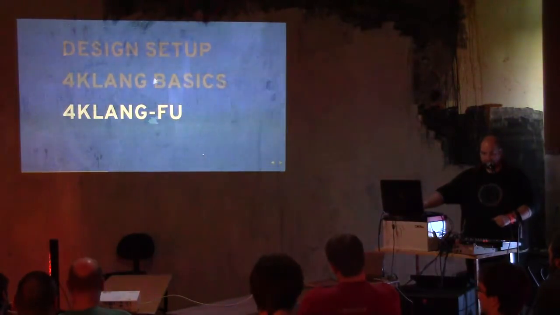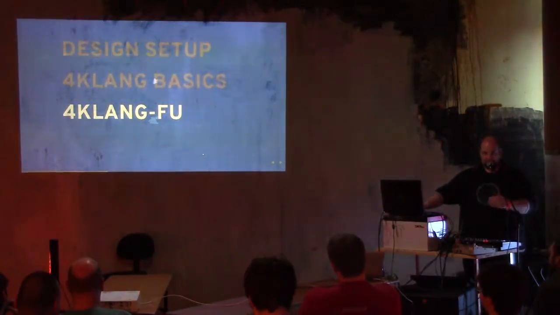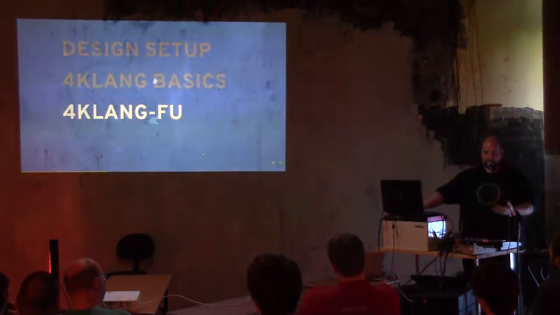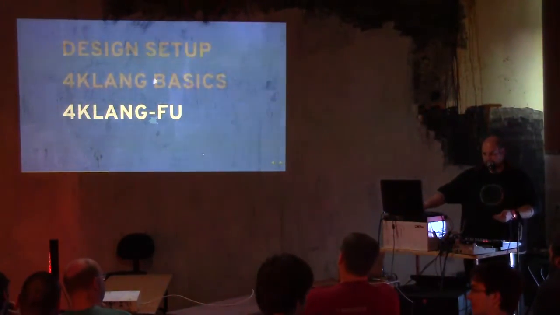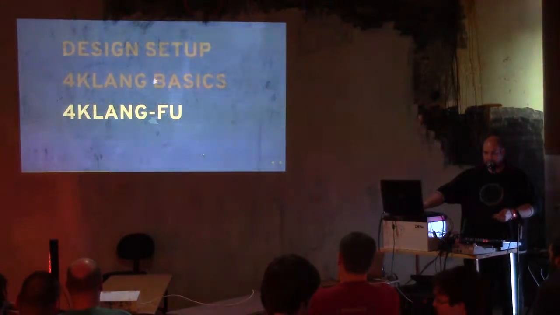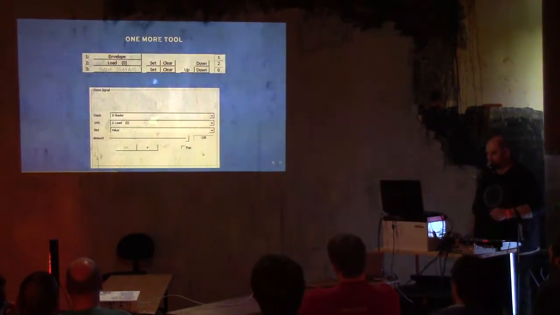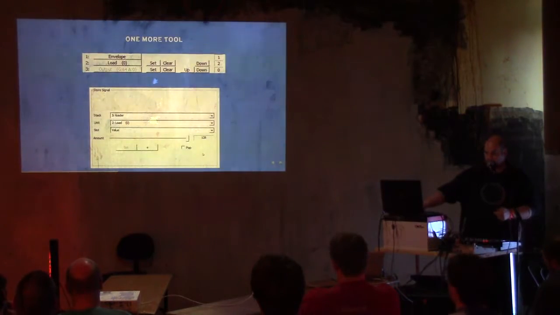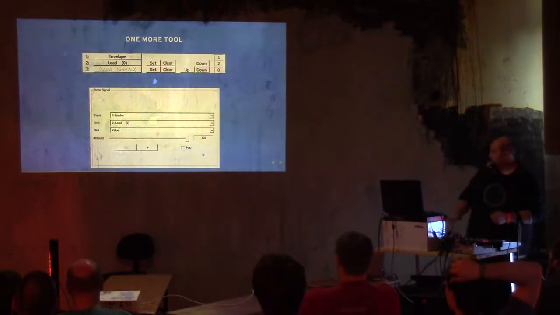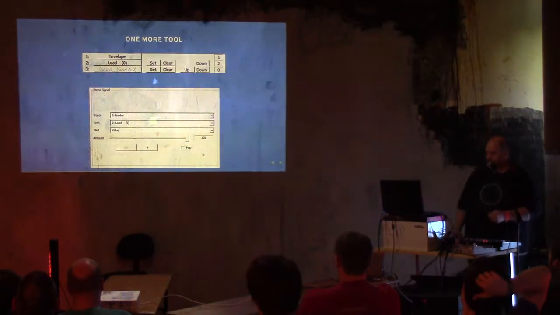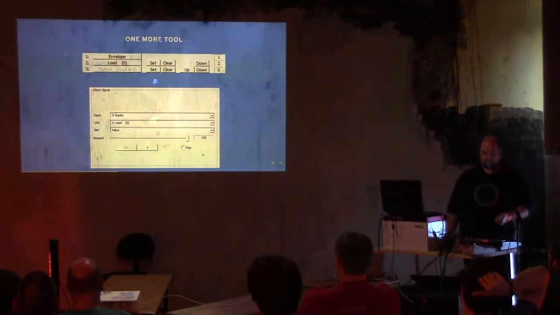And I'm going to show you a bit more about how to use the elements in more creative ways than just the standard patch. And what we're going to use there is one more tool, and that tool is, well, a way to see what's currently on top of the stack.